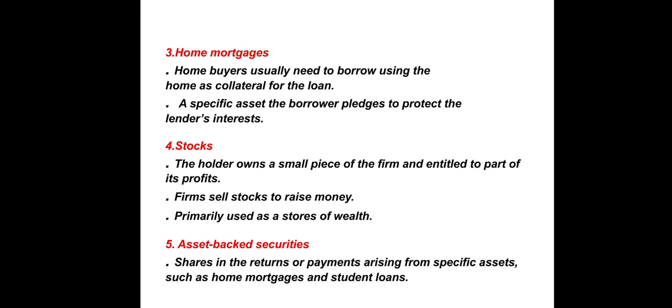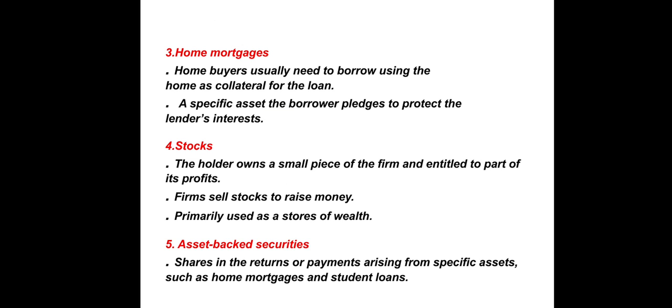Third one is home mortgages. A home buyer usually needs to borrow using the home as collateral for the loan. Collateral value means when we put some property as security when we are taking a loan from the bank or any financial institute.